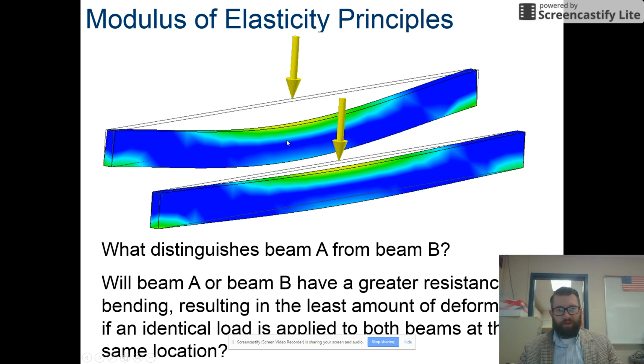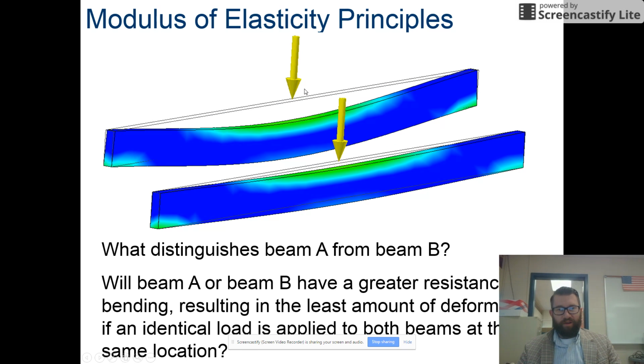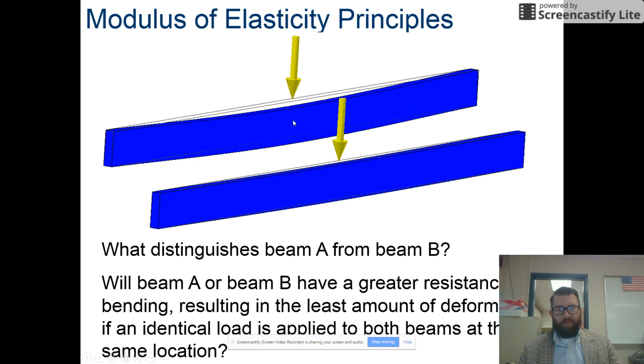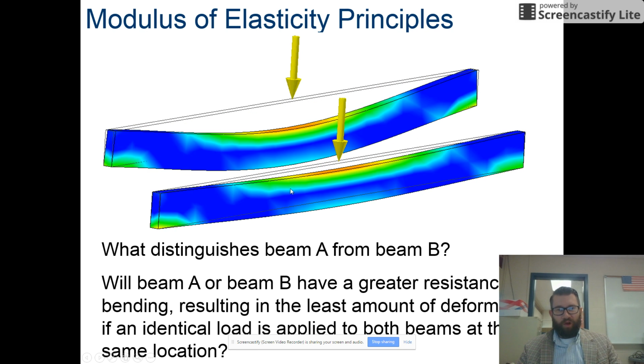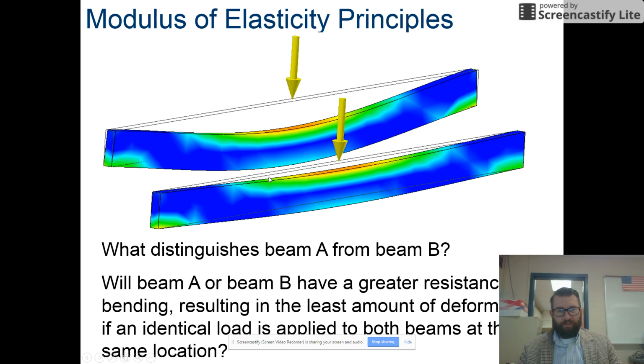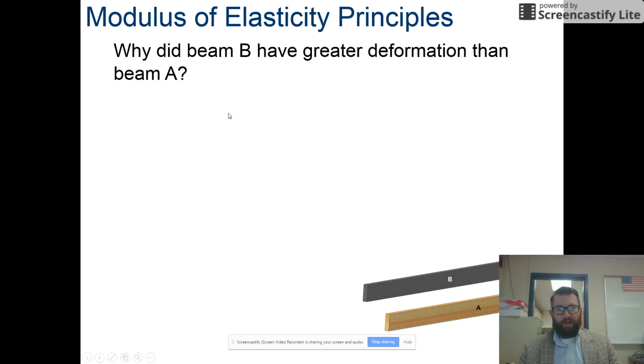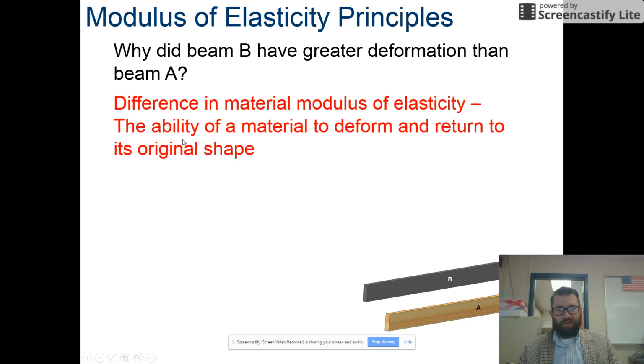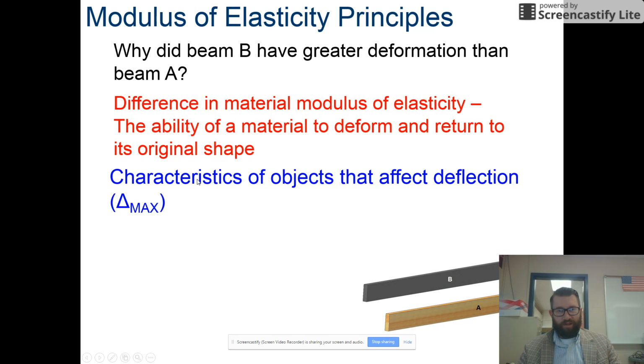Okay, the plastic is going to have a greater bending, therefore a lower modulus of elasticity than the wood. So why did beam B have a greater deformation? Well, again, it has to do with the material, the difference in their elasticity. Okay, so we call that delta max.